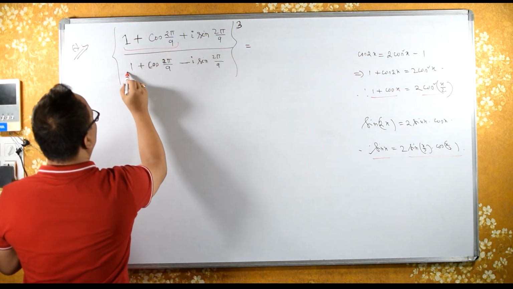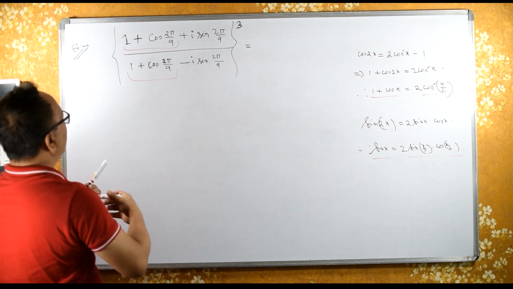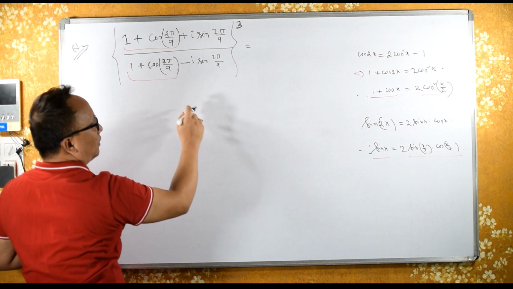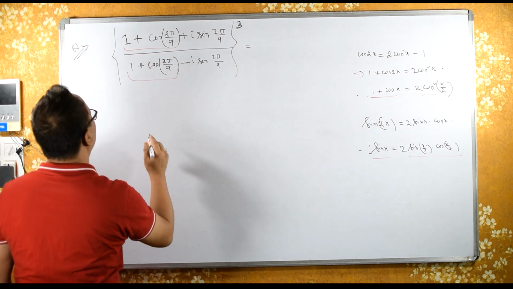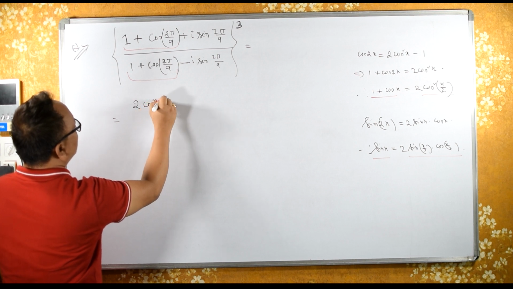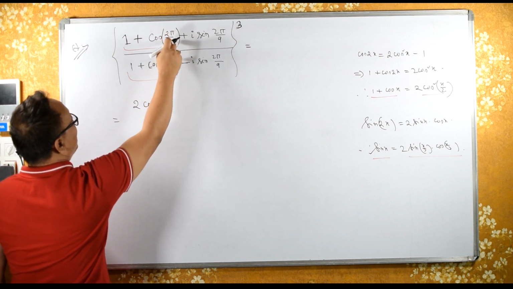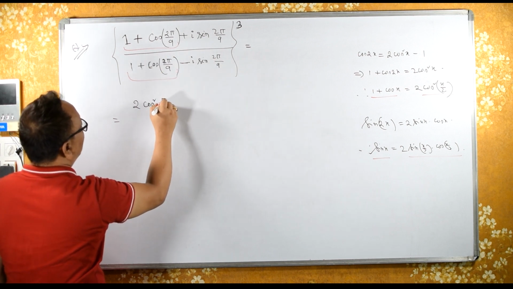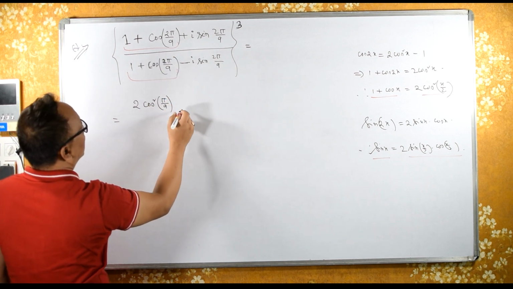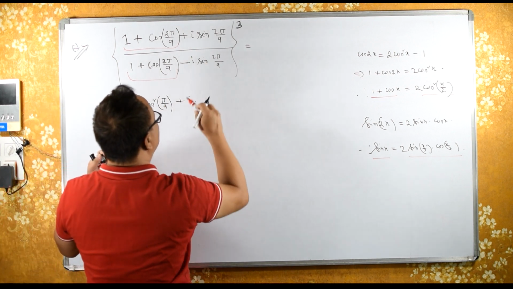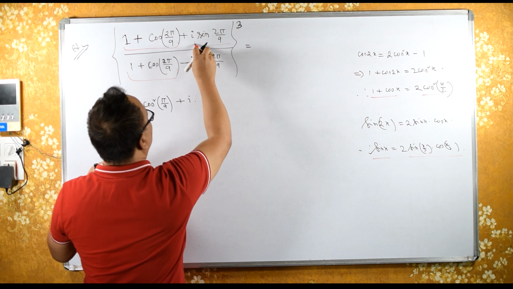Here, 1 plus cos of x equals 2 cos square of 2 pi by 9 upon 2, meaning the 2 gets cancelled, and we have pi by 9, plus i. Similarly, here we have sine of theta.